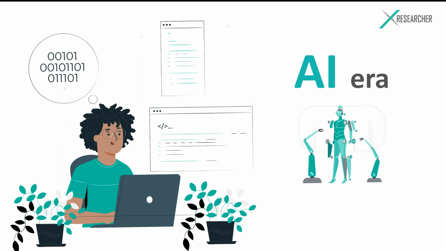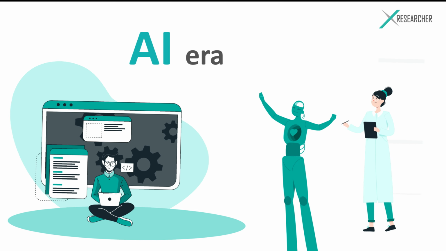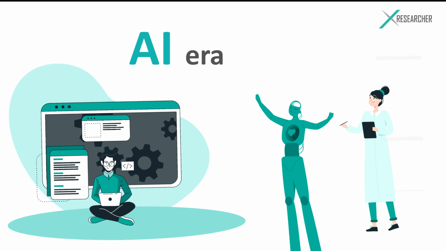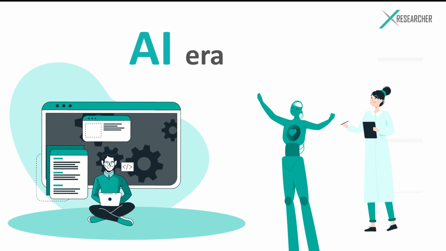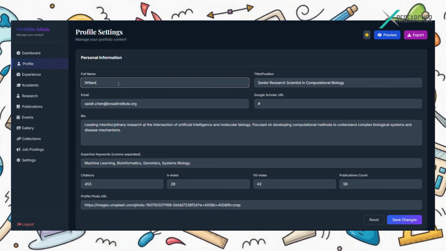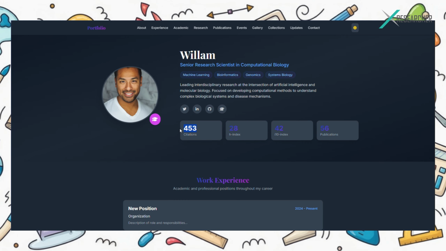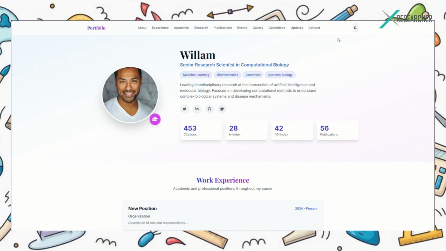And I am not a professional web developer, but the good thing is we have AI these days that can help us bridge the gap in our skills. So with minimal web development knowledge and the help of AI, I was able to create this portfolio template, and you can customize it according to your needs. You can modify sections, update content and adapt it for your specific academic purpose.